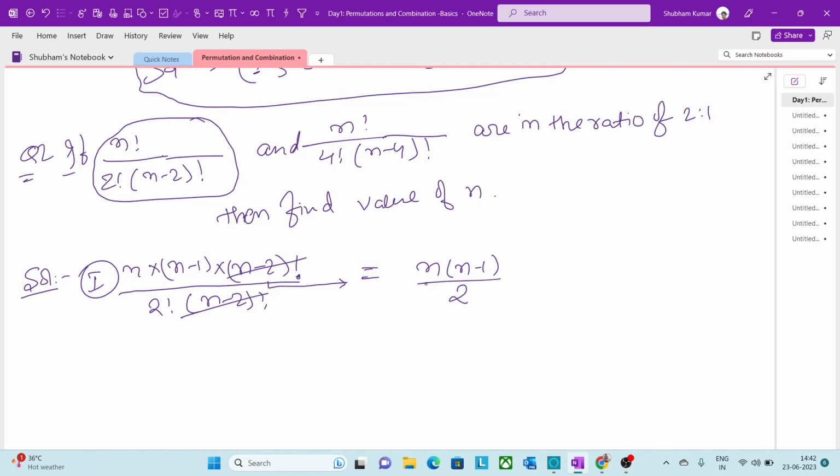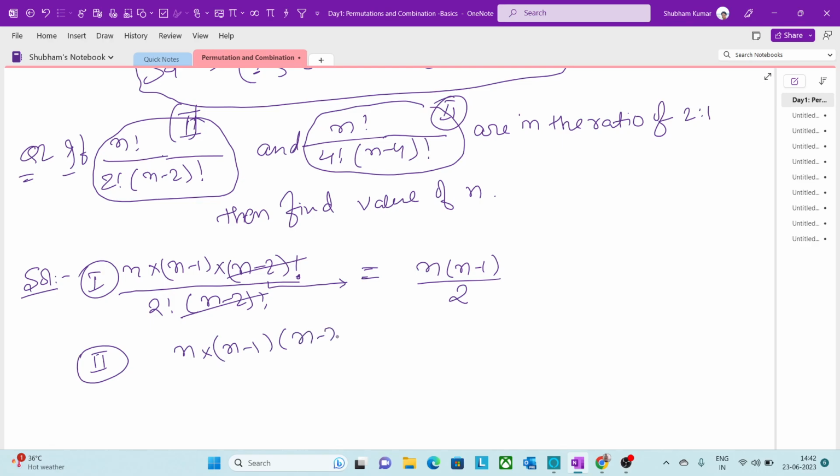Now in a similar way I'm solving for the second part. So this is my first part. Solving for the second part, similarly n into n minus 1 into n minus 2 into n minus 3 into n minus 4 factorial, divided by 2 factorial into n minus 4 factorial.